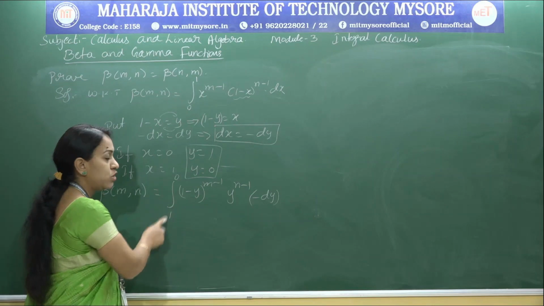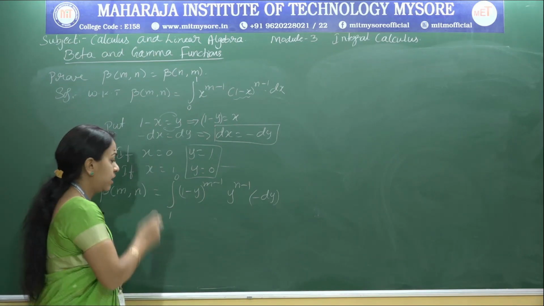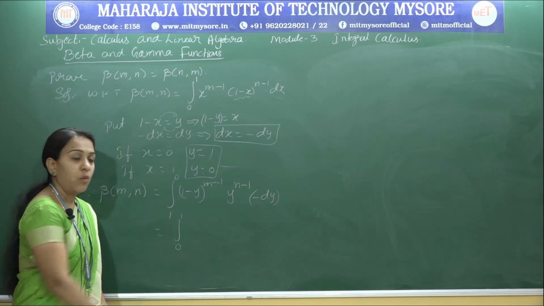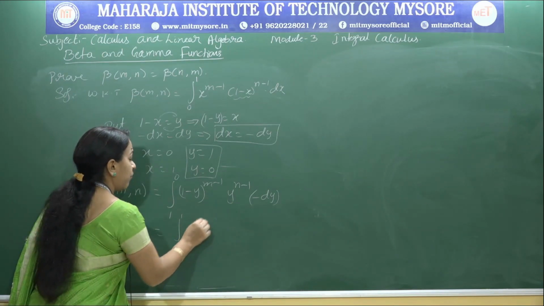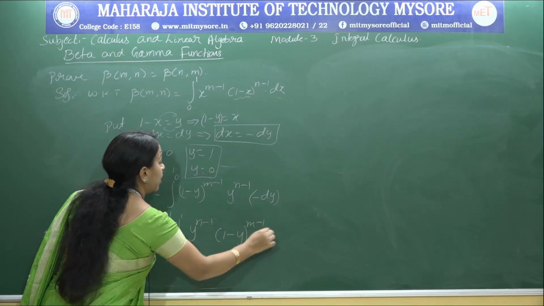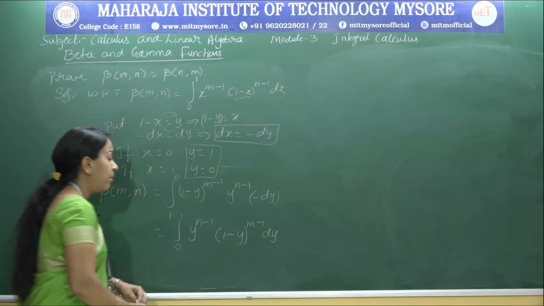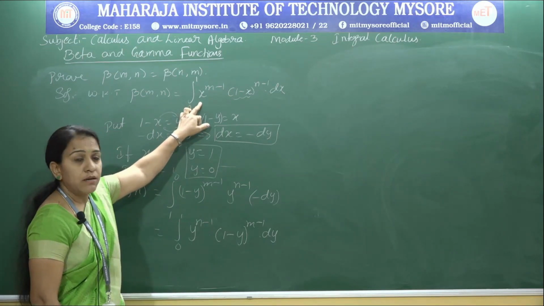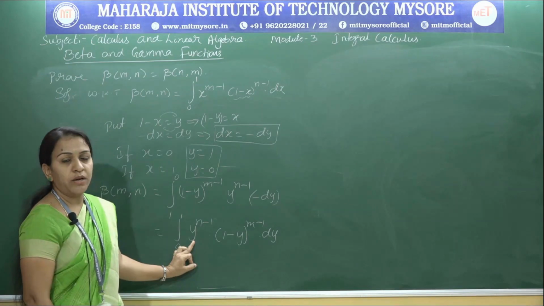If I interchange the limits of integration, that minus sign can be removed. That is integral 0 to 1. Now I write first y to the power of n minus 1 into 1 minus y to the power of m minus 1 dy. So compare with the standard definition. Wherever we have x, here in this place we have y.